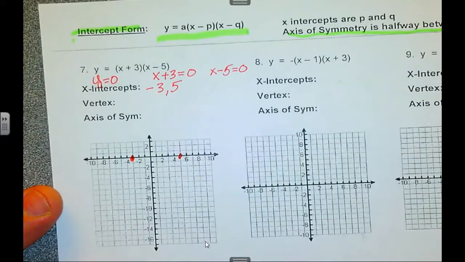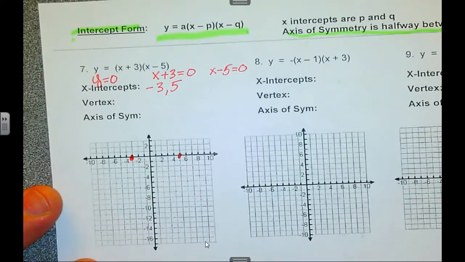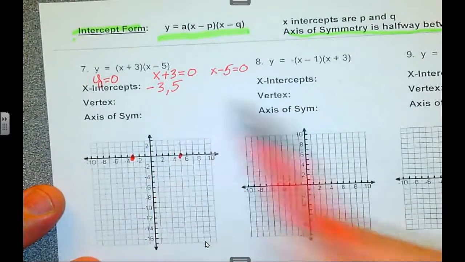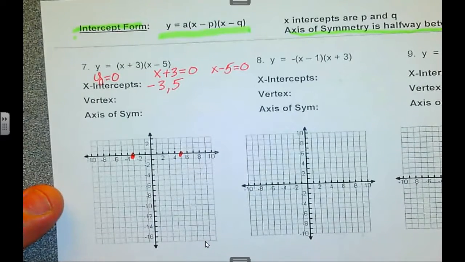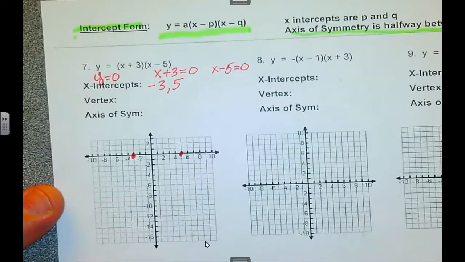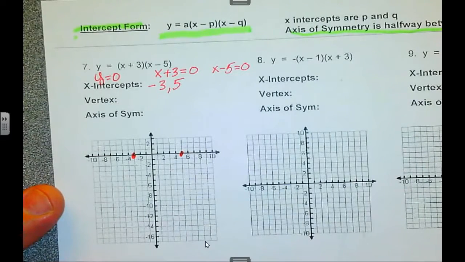Axis of symmetry is halfway between -3 and 5. What's halfway between -3 and 5? 1. How did you get that?